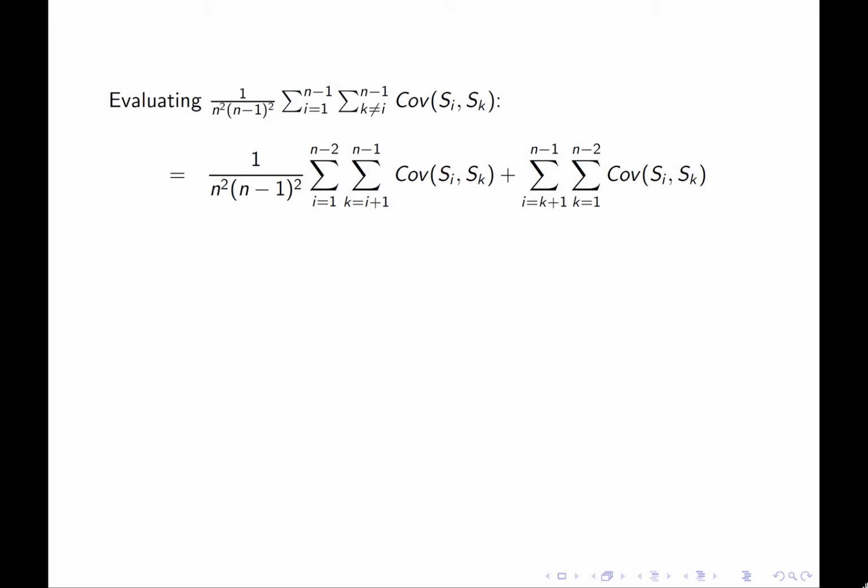Similarly, for the second term, I've set the limits for the k summation to be less than that of i, because otherwise it'd be the same sort of situation. If k went to n minus 1, we would have a situation where i and k are the same, which can't happen.